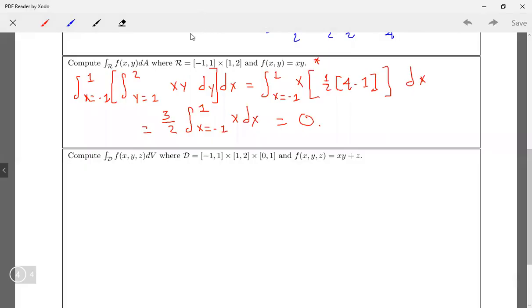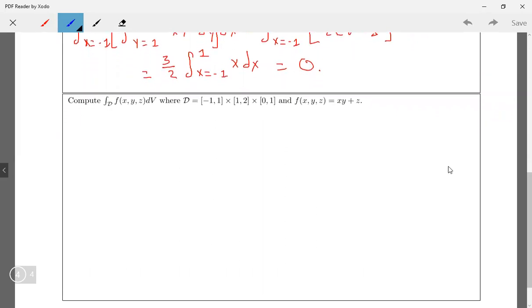And finally, in this video, I'm going to do a 3-dimensional integral. So this is new. We've only talked about 2-dimensional integrals, but the definition of a 3-dimensional integral is similar to the definition of a 2-dimensional integral, which is similar to the definition of a 1-dimensional integral. So now our rectangular prism is given by these intervals here, and this is the function that we want to integrate.